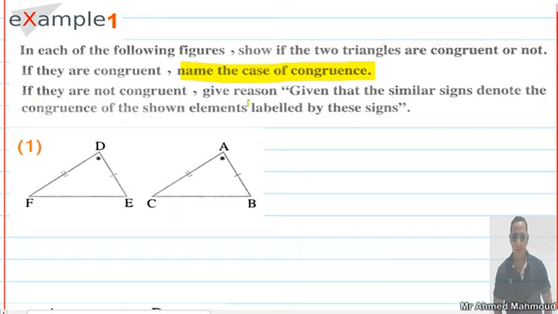If they are not congruent, give the reason, given that the similar signs denote the congruence of the shown elements labeled by this sign. That means star and star are equal angles, dash and dash are equal sides, double dash and double dash are equal sides. Okay, let's study the first case with us.